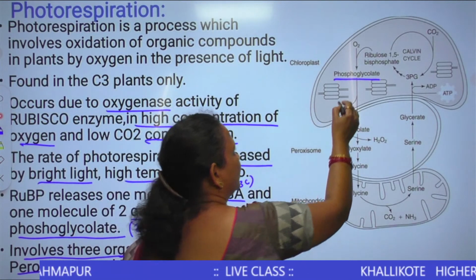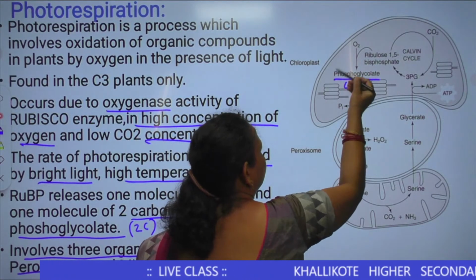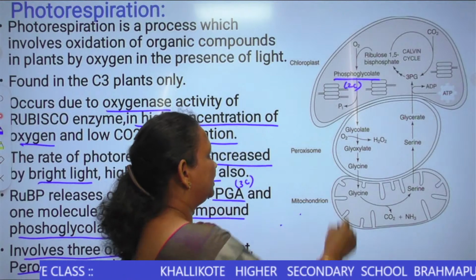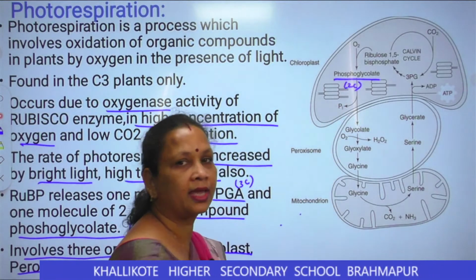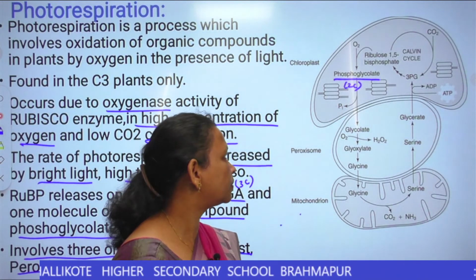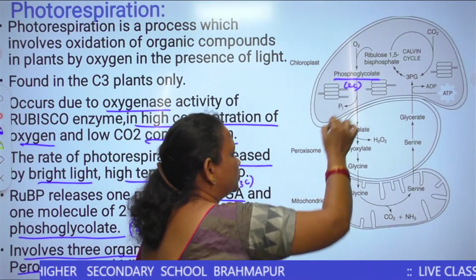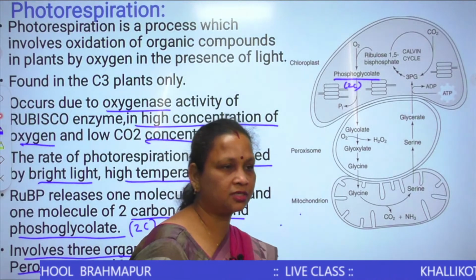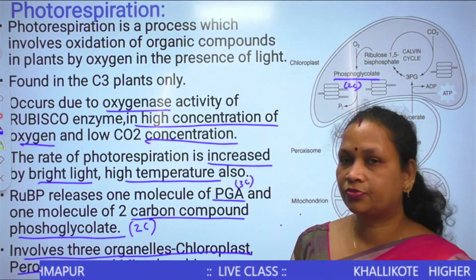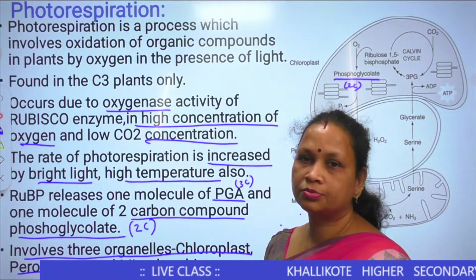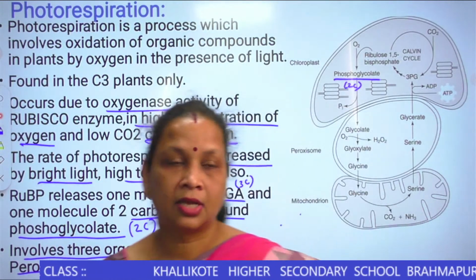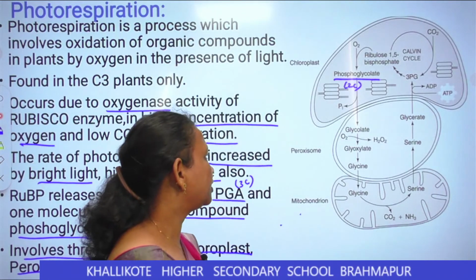This 2-carbon compound releases inorganic phosphate in the chloroplast and is transported towards the peroxisome. In the cells of the C3 plants, peroxisomes are prominent in the leaf cells and they are nearer to the chloroplast.